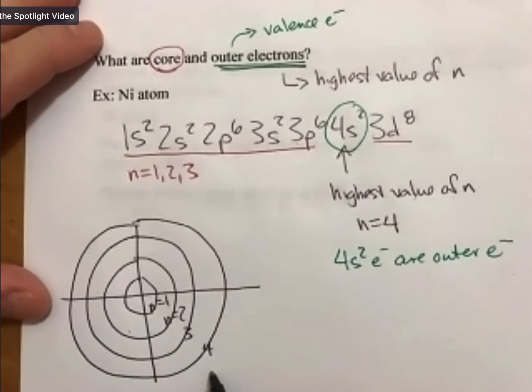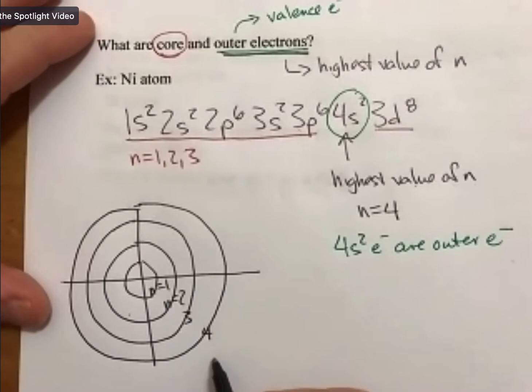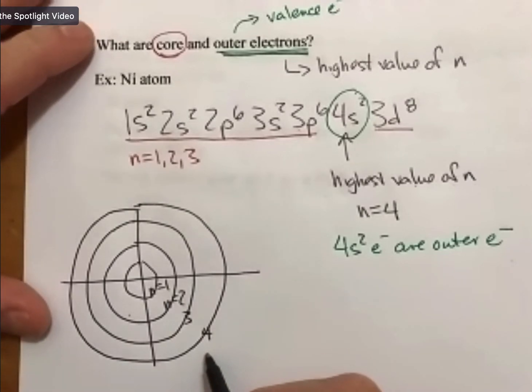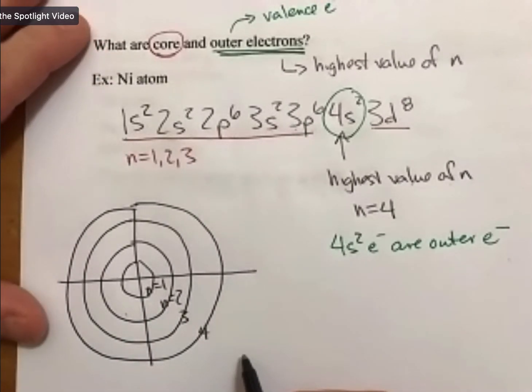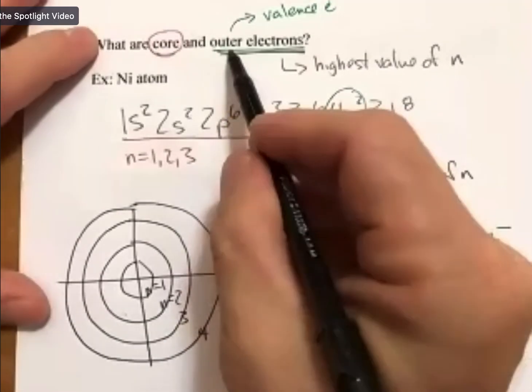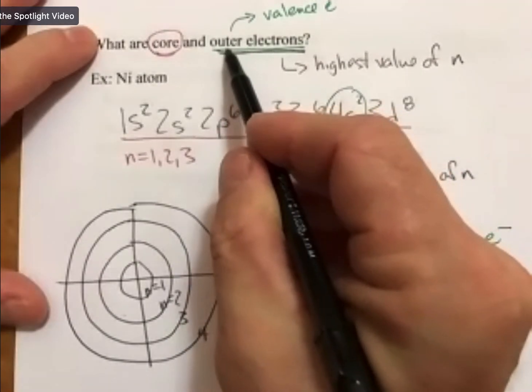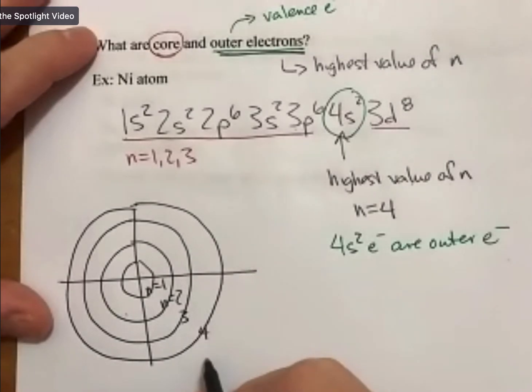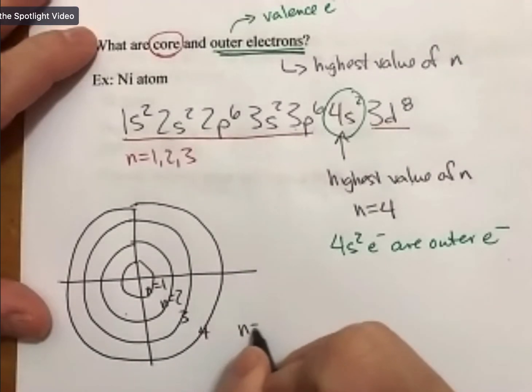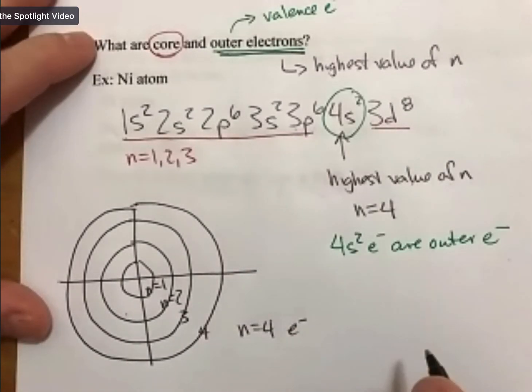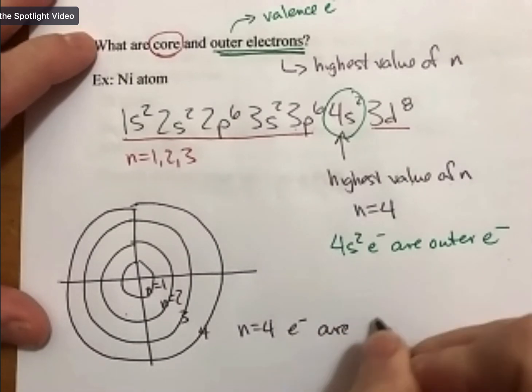So the electrons in the n equals 4 principal energy level are literally, and I don't use that term lightly, literally the ones that are farthest from the nucleus, and they are the outer electrons. So for n equals 4, electrons are farthest from the nucleus.